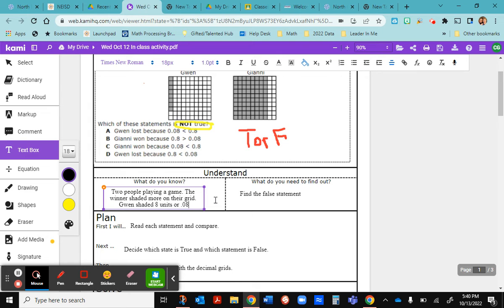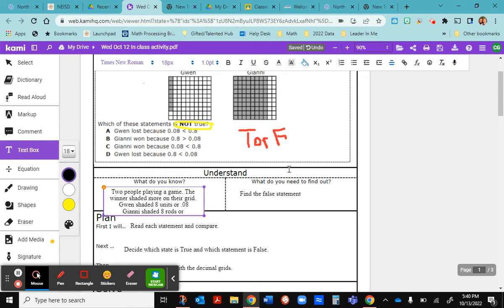How much did Gianni shade in? Ooh, very good. So Gianni shaded how many rods? 8 rods. Very good. So I'm going to put rods, and I'm going to have 8 or 800s. Right? No, I said that wrong.